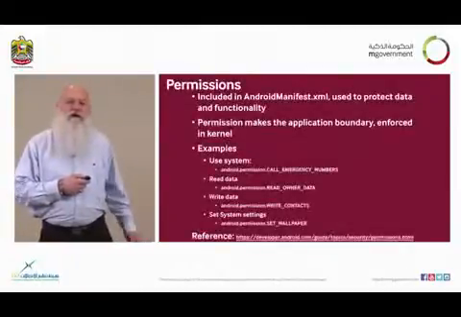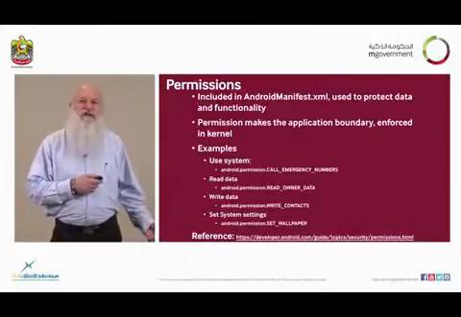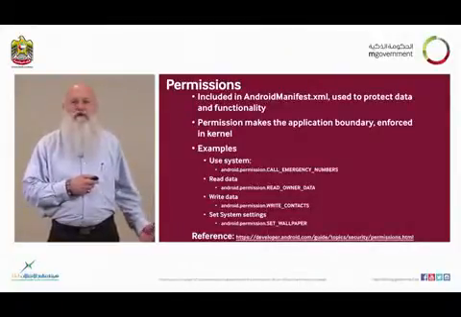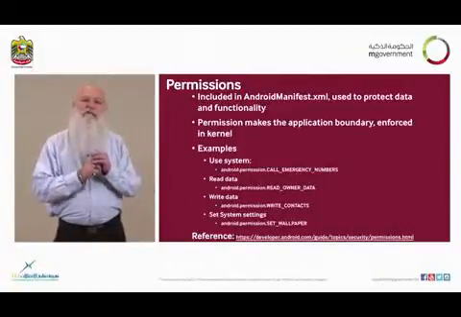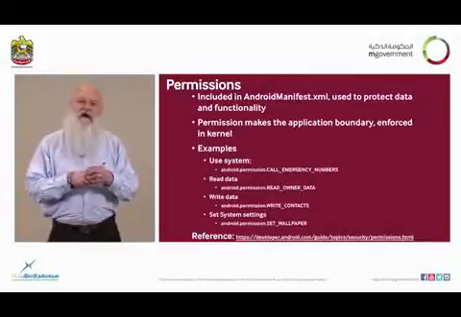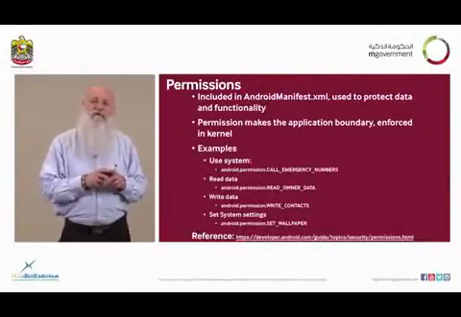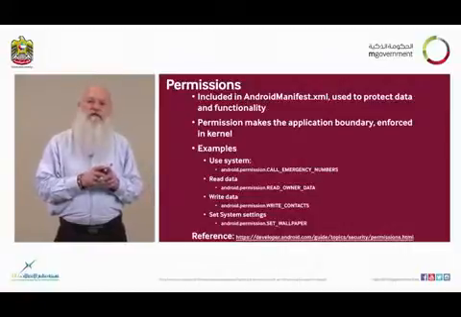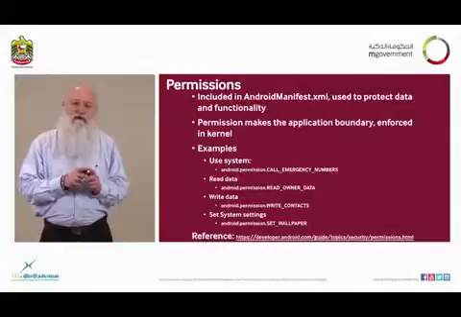Permissions are declared in the AndroidManifest.xml file to protect and restrict the access of the program to data and system resources. The permissions define the application boundary, and they are defined in the AndroidManifest.xml file and controlled and enforced by the kernel, specifically by the binder within the kernel.